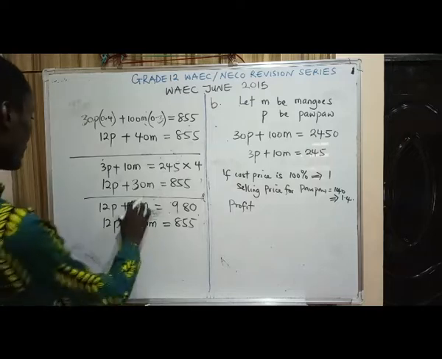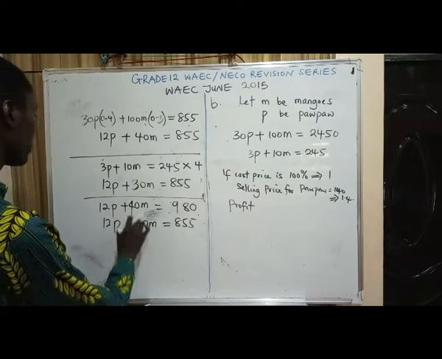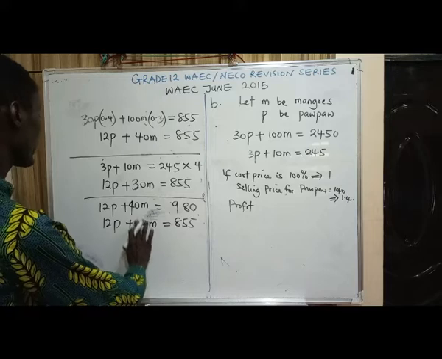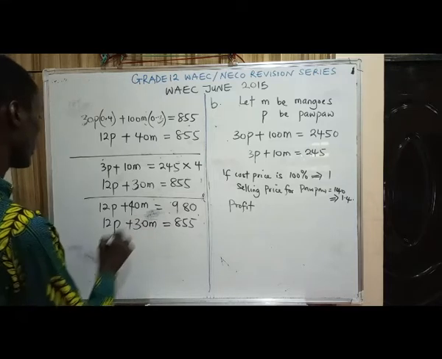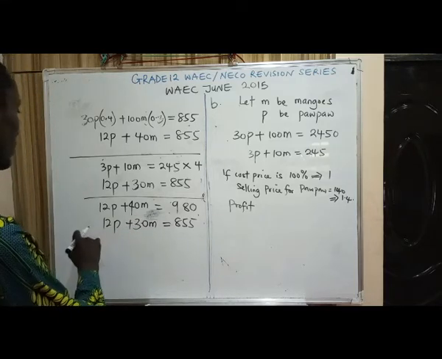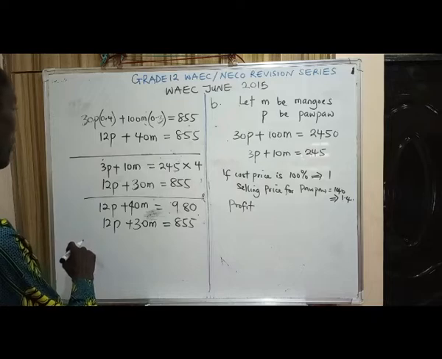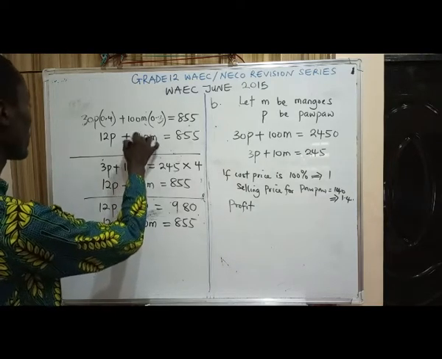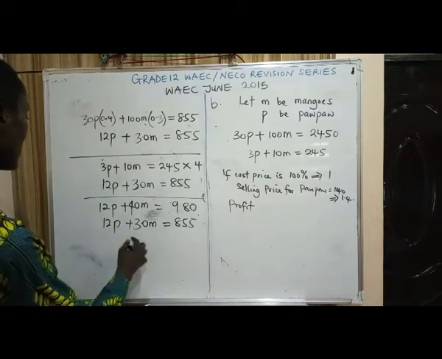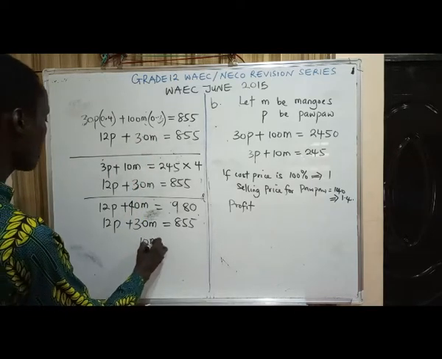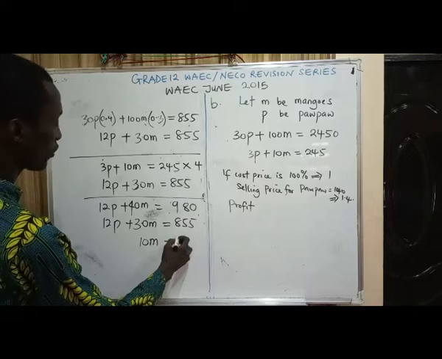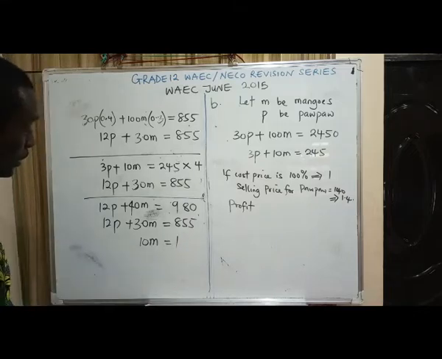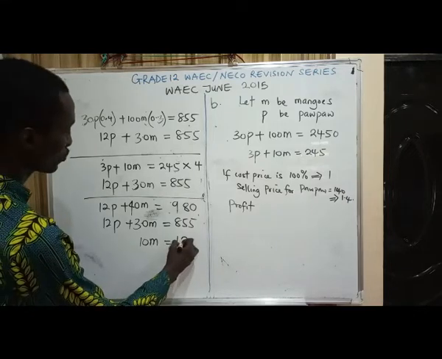So that said, this becomes 30. This becomes 30, and yes, that becomes 30. This will also be 30 by that correction. And then I'm going to have that 10m will be equal to 125.